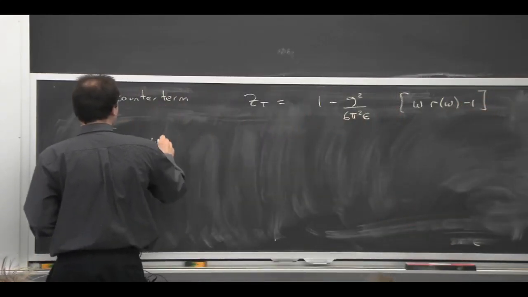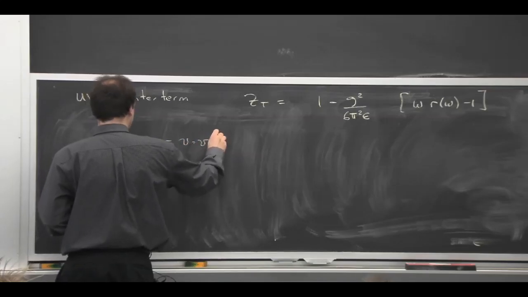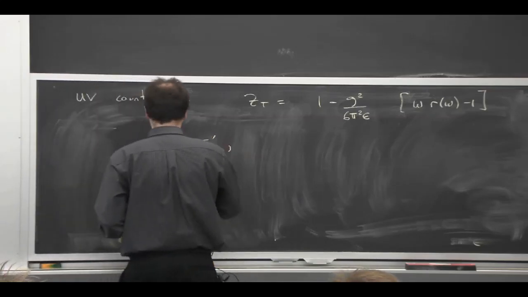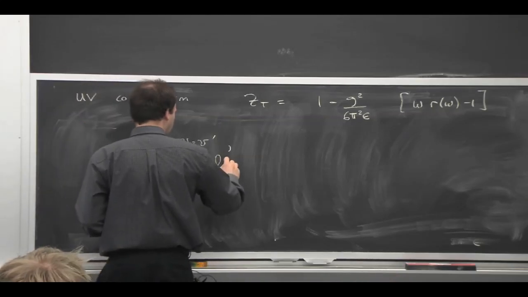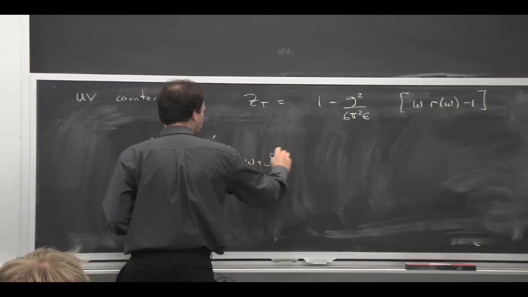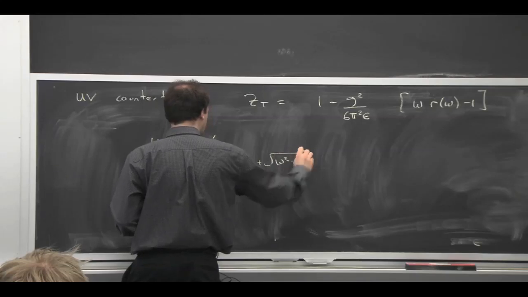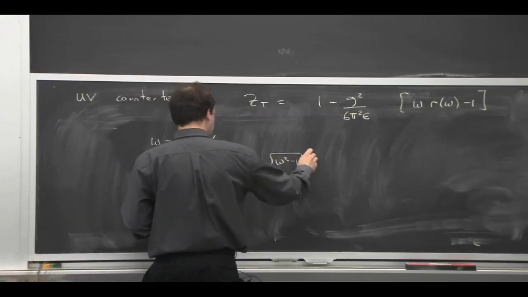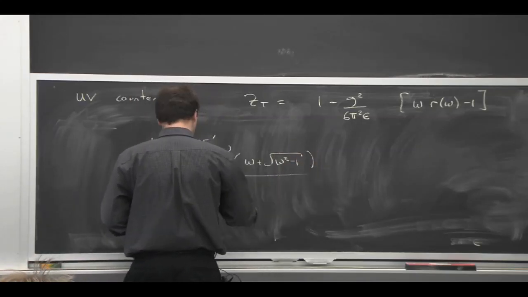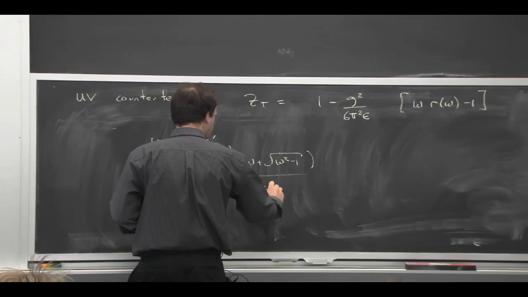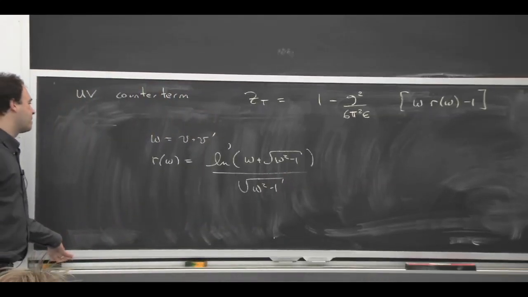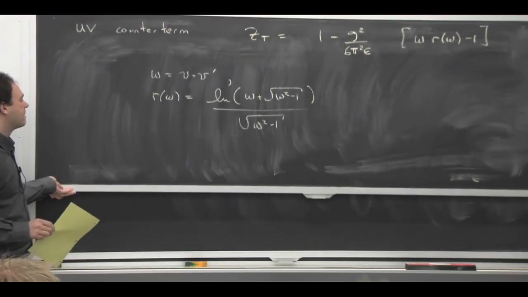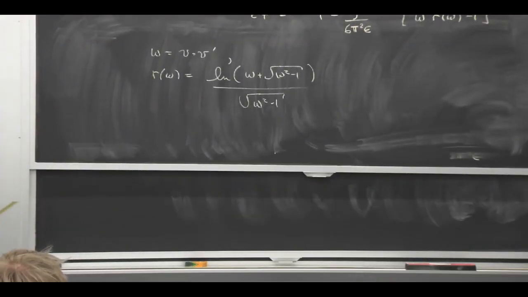Where w is v dot v prime, and this function r of w is the following. It's log of w plus the square root of w squared minus 1, over the square root of w squared minus 1. Okay, so it's kind of a non-trivial structure.